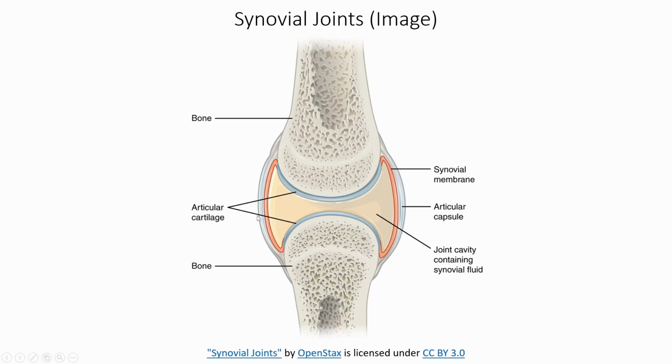We also have the articular cartilage capping each of the bones there, and then all the way around, on both sides, we have the articular capsule. So we have a bunch of layers that are keeping that fluid in place. The articular capsule on the very outside, the synovial membrane just on the inside, the bones and their articular cartilage forming the inside of those cavities, then the cavity itself with the synovial fluid.